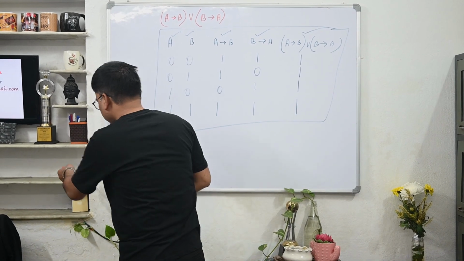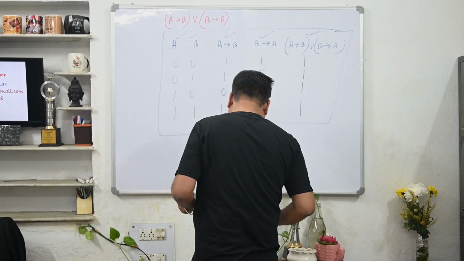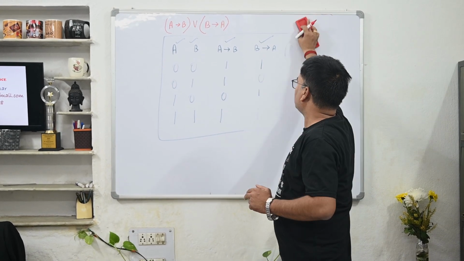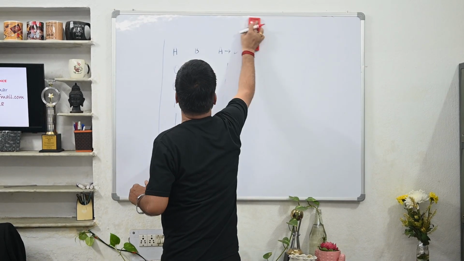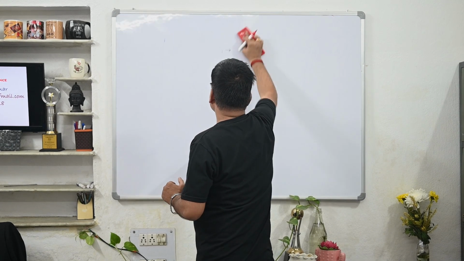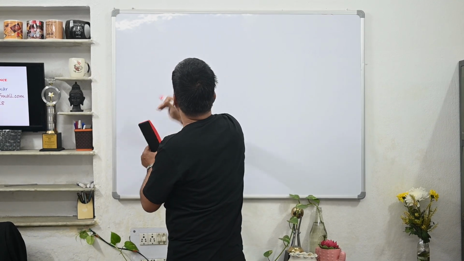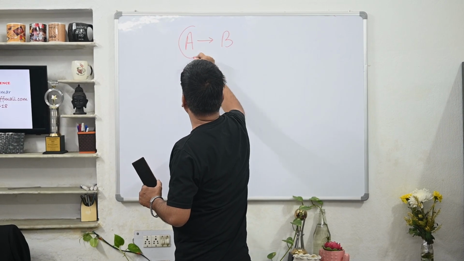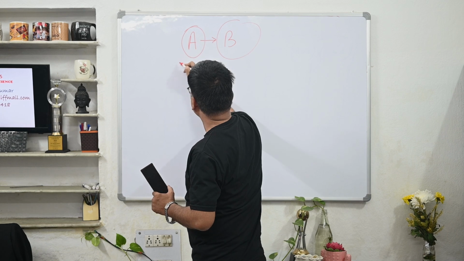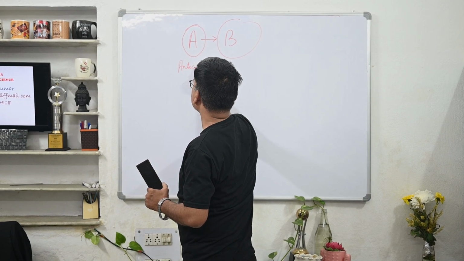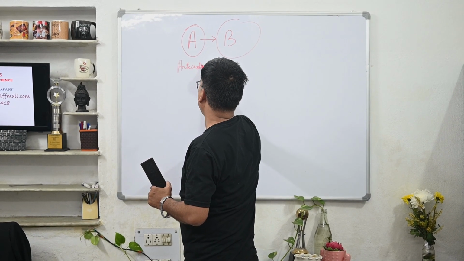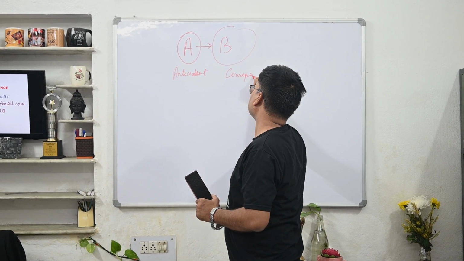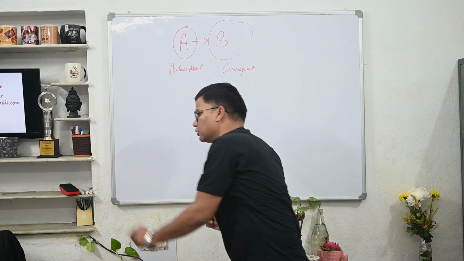Now, when we talk about an expression involving a conditional statement, A implies B, A is known as the antecedent and B is known as the consequent.